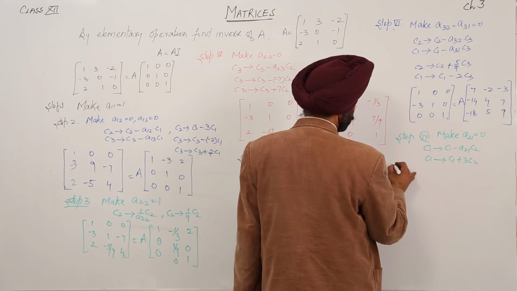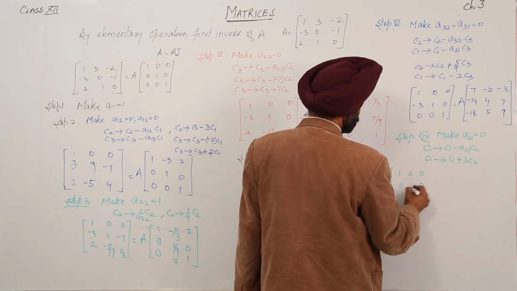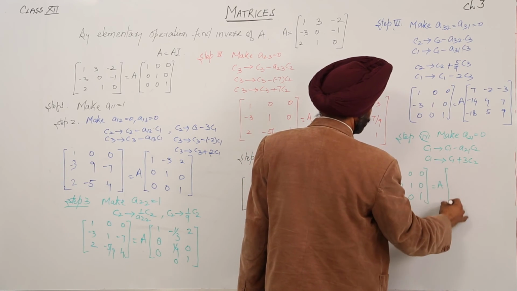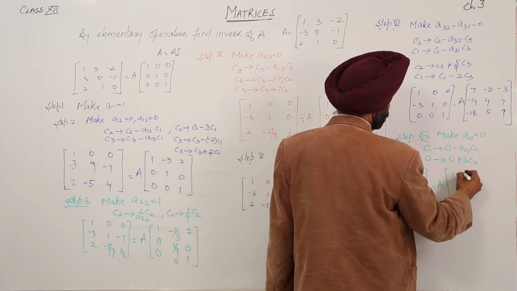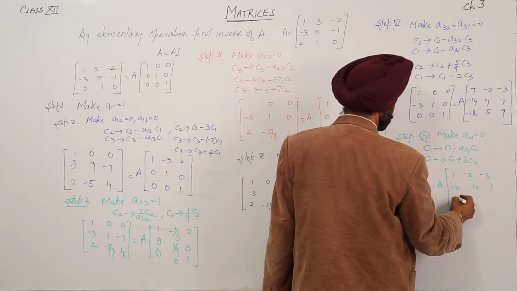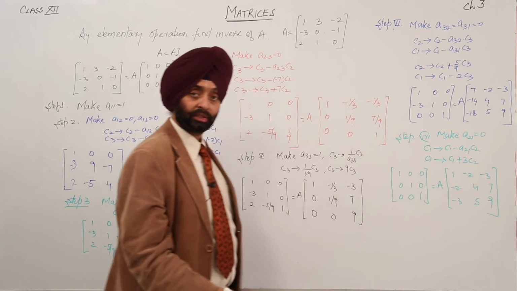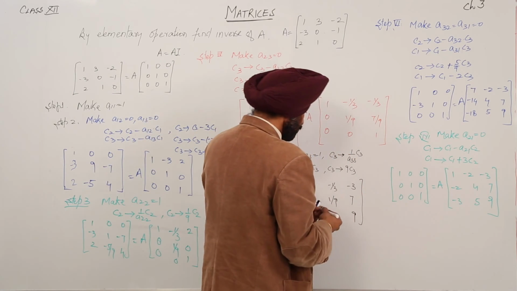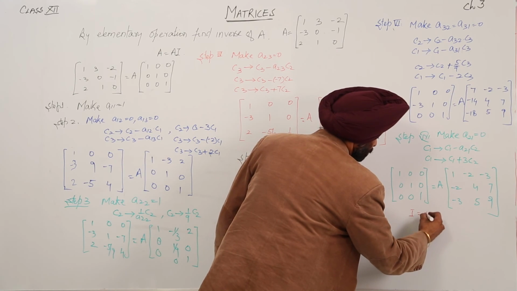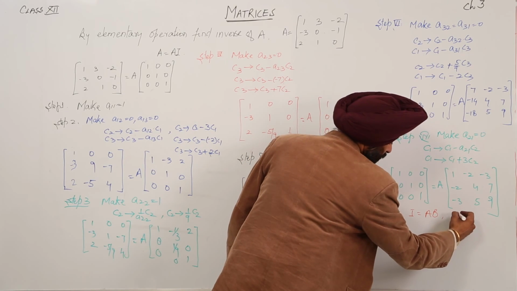Now we are having 1 0 0, 0 1 0, 0 0 1 equal to A. Now after calculation we are having 1, minus 2, minus 3, minus 2, 4, 7, minus 3, 5 and 9. Is it clear? Now this becomes the identity matrix. Now if I is equal to AB, then B is equal to what?